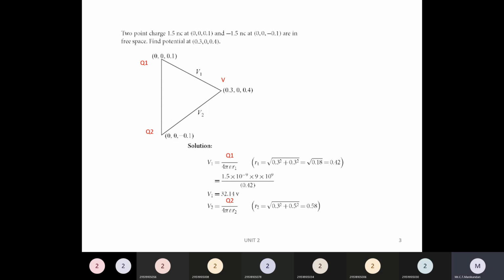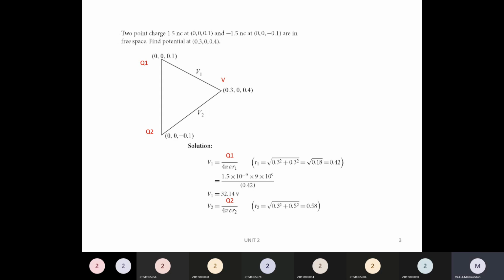Electric field is always a vector, whereas potential is always a scalar. So in the problem, straight away we take the modulus value, substitute it and find the V1 value. Similarly, for Q2, we find V2.